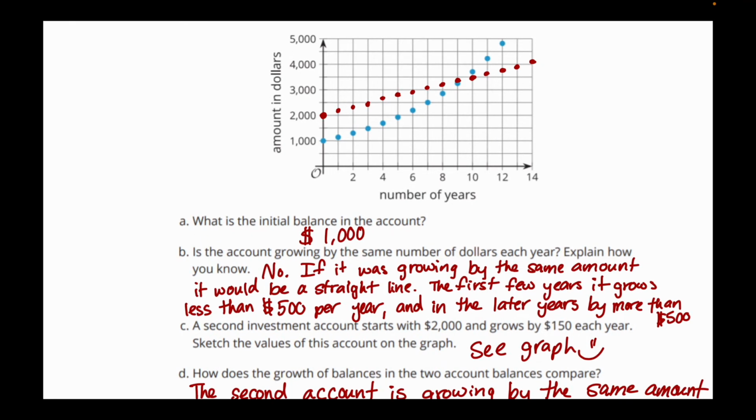It looks like by about year 9. Well, year 9 is when it kind of catches up, but definitely by year 10.